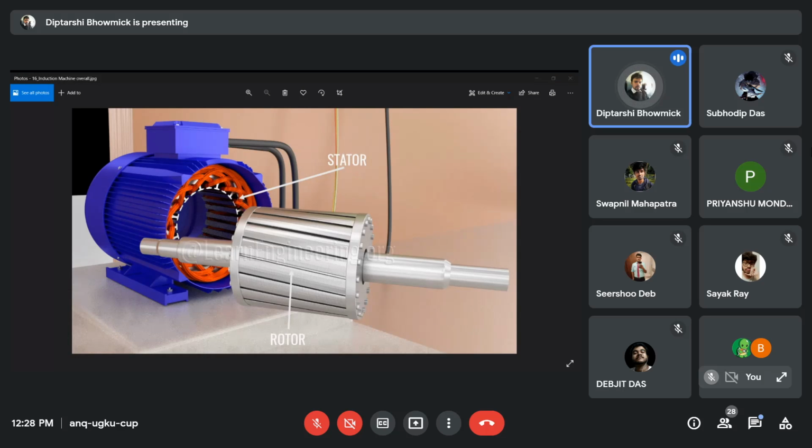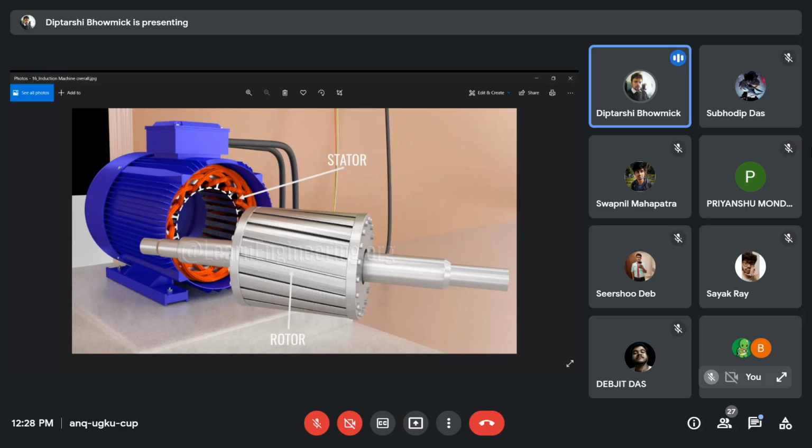Now angular slot pitch. Angular slot pitch is basically based on the total overall angle. These are the slots, and these slots are distributed over an angle of 2 pi radian, isn't it? Because from this point, if you go around in an angular way and come to this point again, you will cover 360 degrees, that means 2 pi radian.